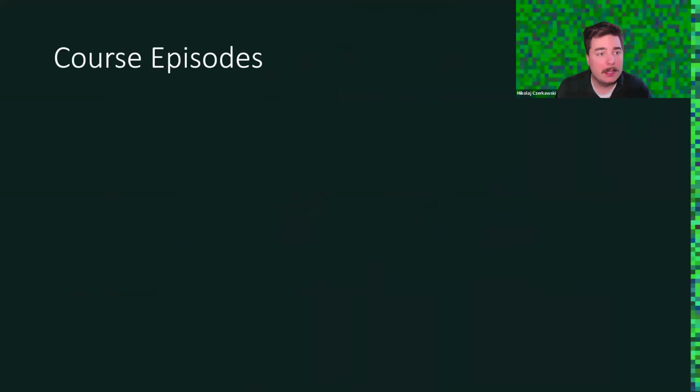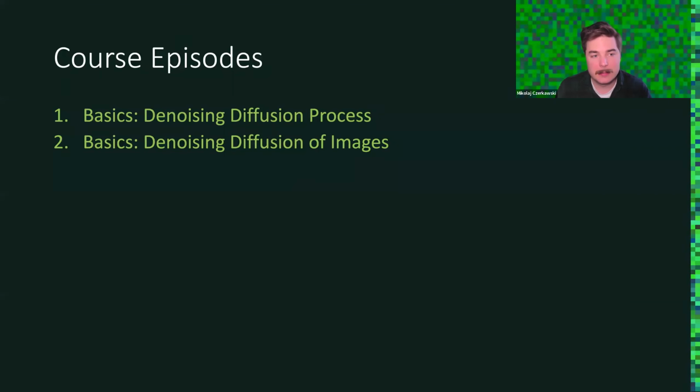Okay, so this is basically the first video of a series of videos that is also part of the course. I will now go through what all the other episodes will contain. In the first episode following this one, we'll go through the basics of the denoising diffusion process.